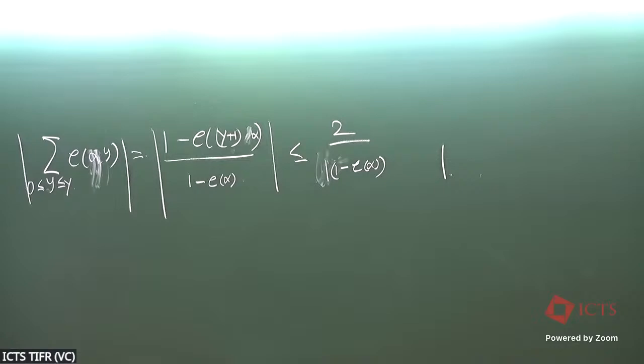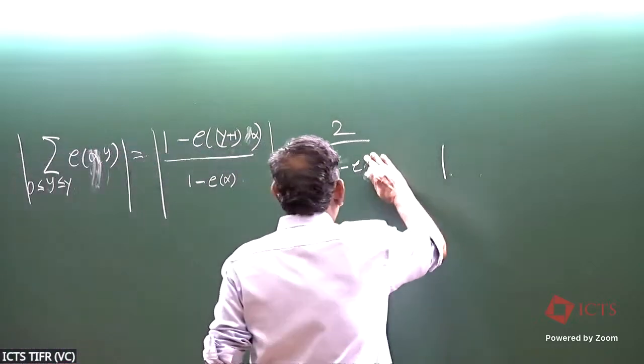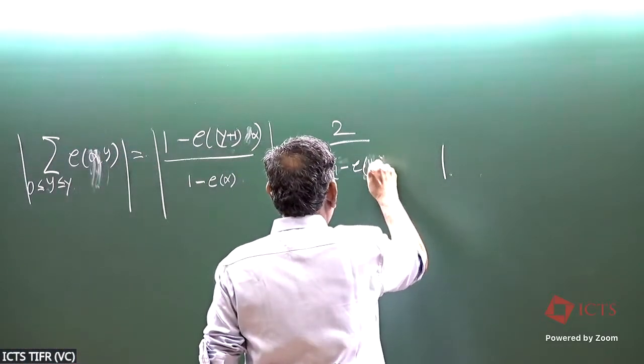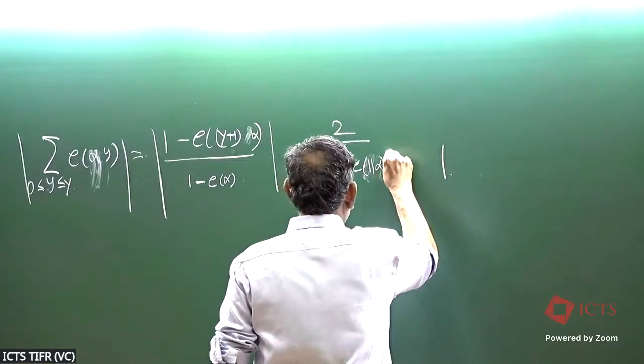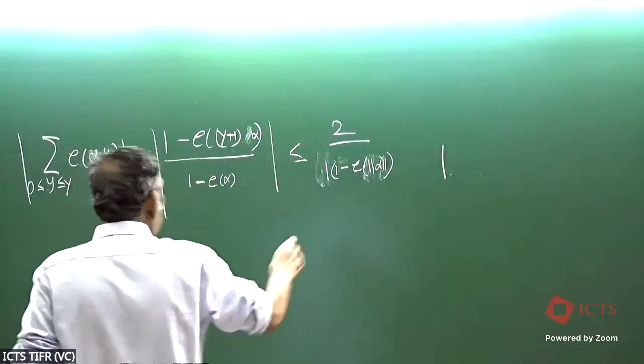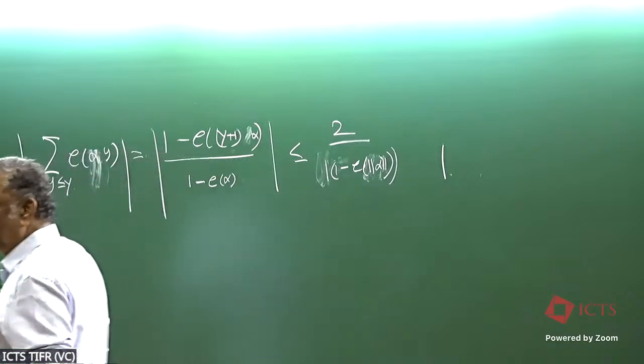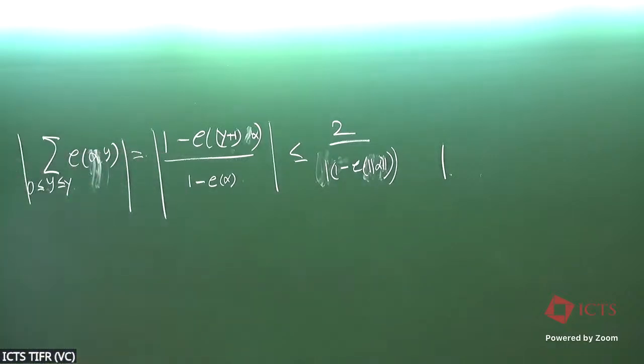Therefore, technically speaking, this alpha would really be replaced by the distance to the nearest integer, essentially because I can translate it by 1. Then I can assume it positive.